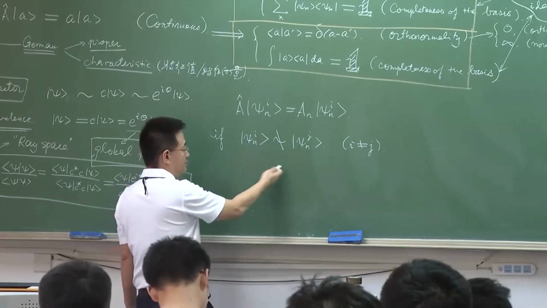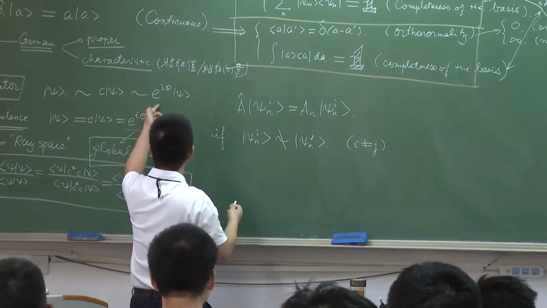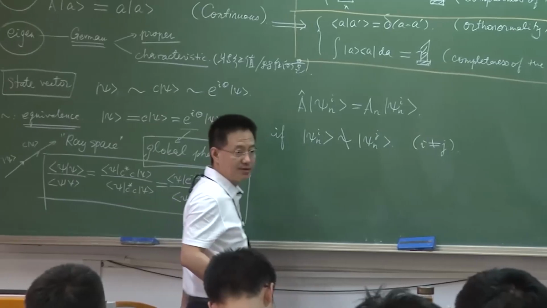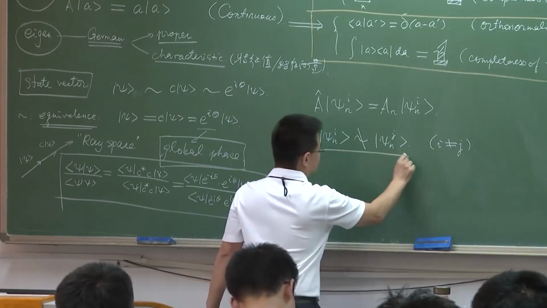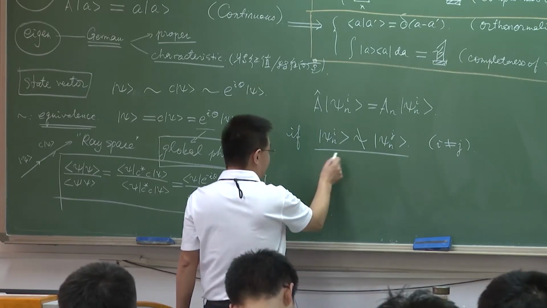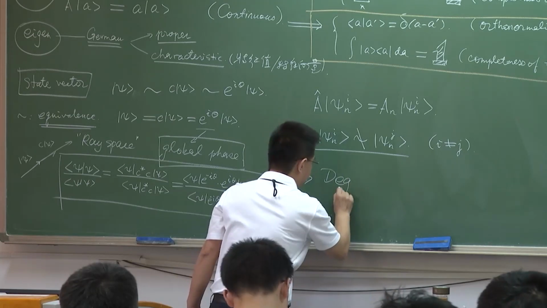That means psi_j and psi_i cannot only differ by a global phase or some coefficient. They are more different. So they are not the same. In this case, we call it degenerate.